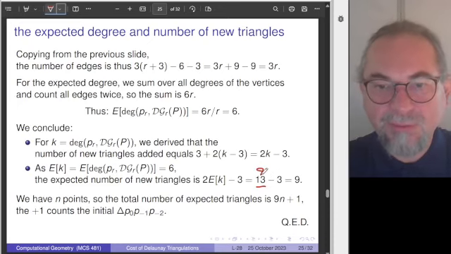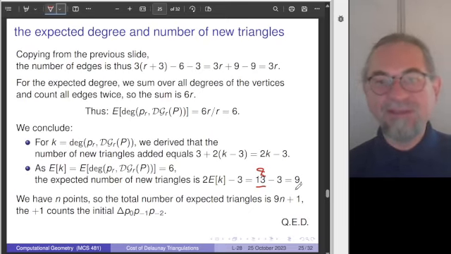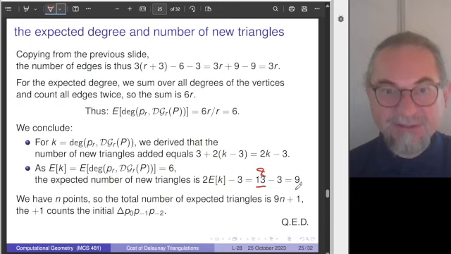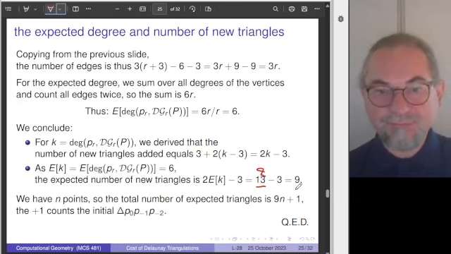So there's still a typo, so there should be a 2. Okay, but the important thing is that we arrive at our number 9. So the expected number of new triangles is 9 when we add the new point. And that proves our first lemma.